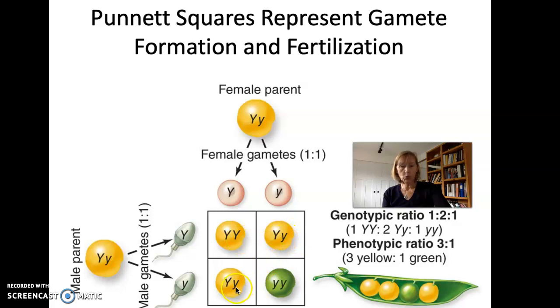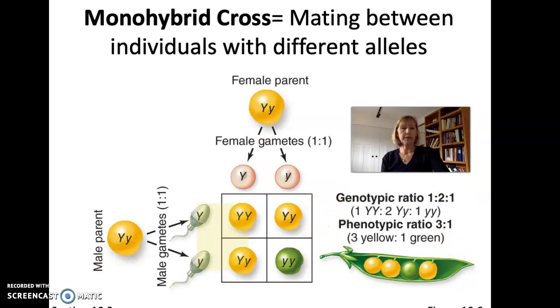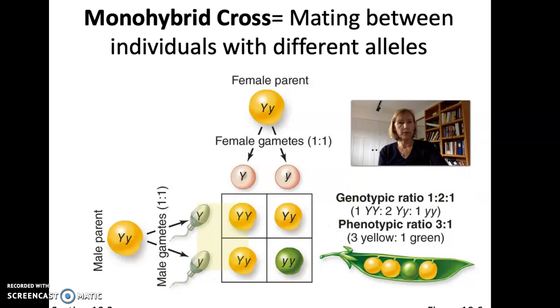We get two that are heterozygous and one that is homozygous recessive. Whereas the phenotypic ratio is 3:1. We get 3 yellows to every 1 green. So phenotypic versus genotypic. This is what we call the monohybrid cross. And I have another video where I actually do some of these crosses with you for you to practice.